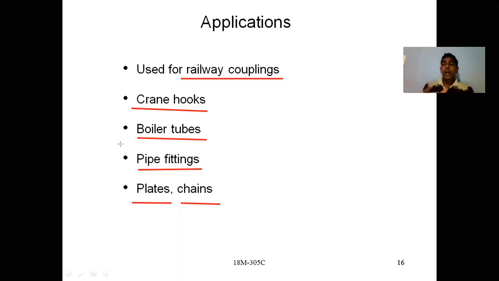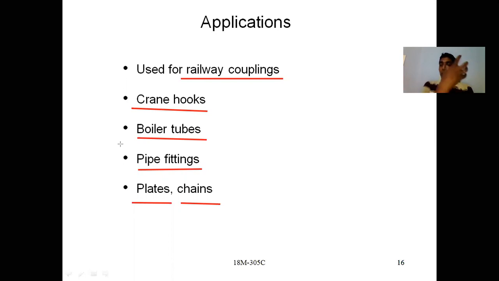That means it does not have the minimum mechanical properties suitable for industrial applications. That's why it does not have any industrial applications. It is only used as a charge, as a raw material for the production of wrought iron. So what is the charge here? From pig iron only you are getting the wrought iron. So it does not have any industrial applications.